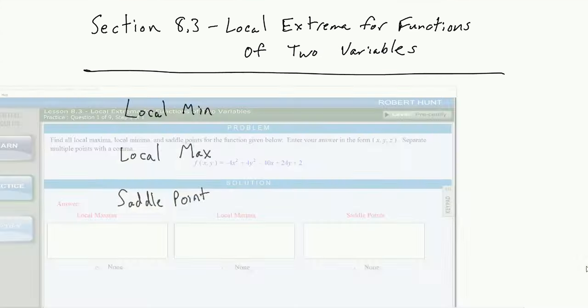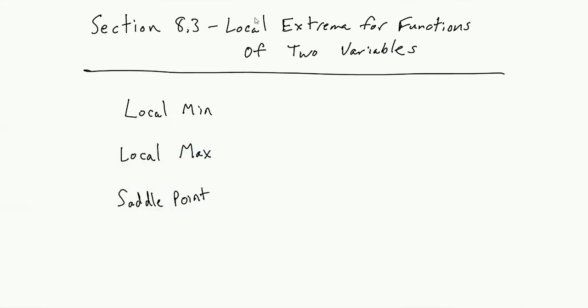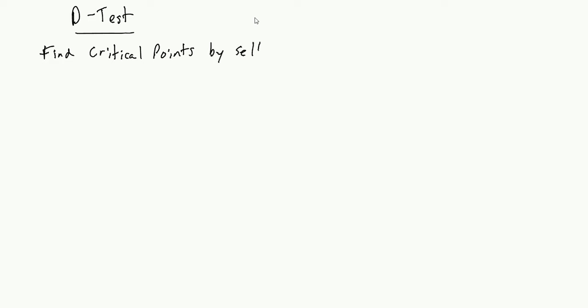Okay, so let me show you how to do the test. I'm going to call this the D test, incidentally, just to give it a short name. The first thing we're going to do is find our critical points by setting f sub x equals 0 and f sub y equals 0.